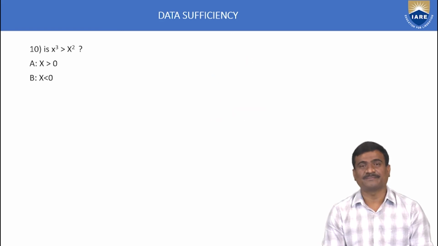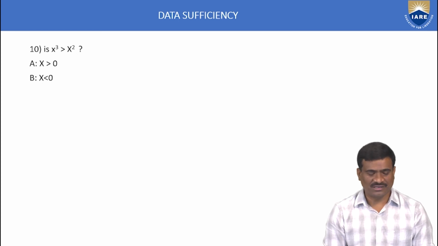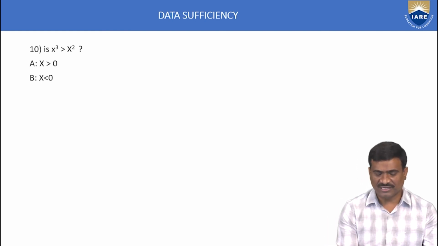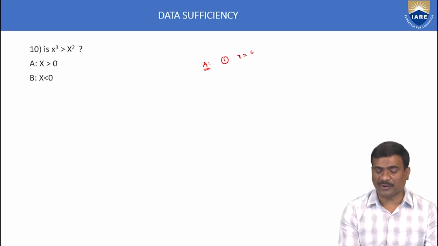Last example, important. Is x cube greater than x square? Statement A: x greater than 0. Statement B: x less than 0. Statement A, case 1: x is equal to 0.1.